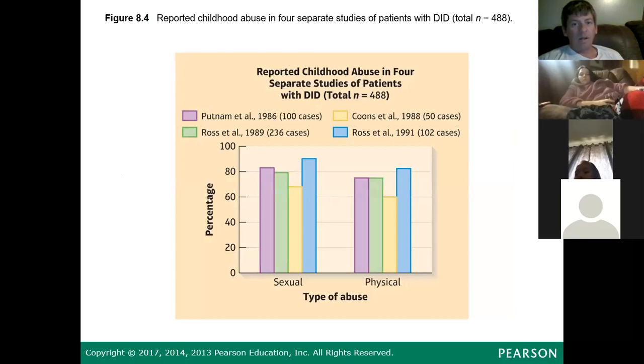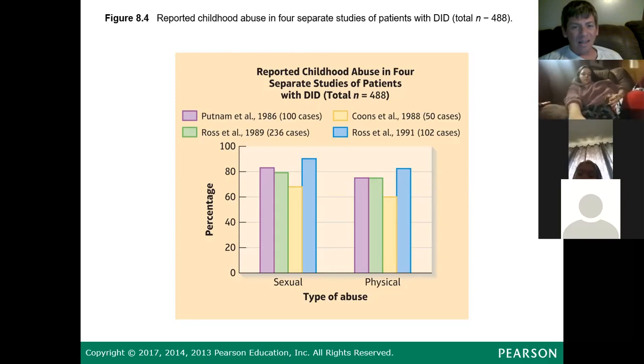So, the reported childhood abuse in 4 separate studies of patients with dissociative identity disorder included a total of 488 people. What they found in all these studies is that a high percentage of them reported having been sexually abused as children. Physically abused also high.